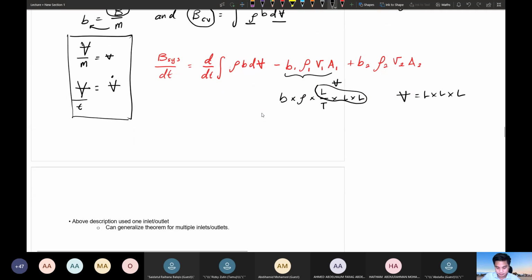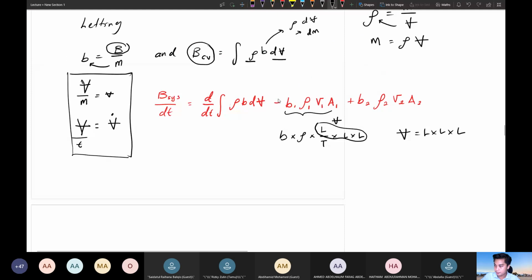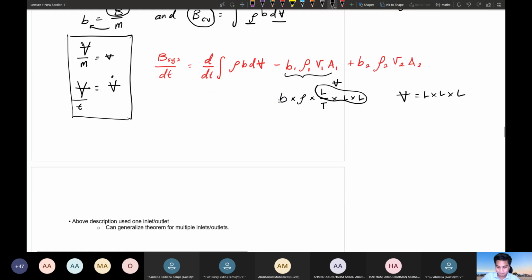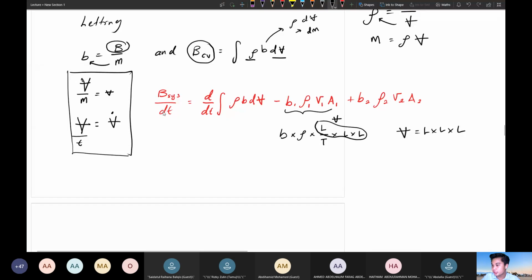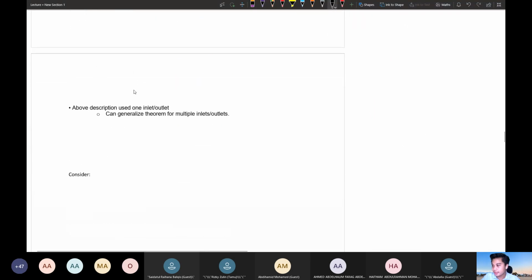This is what we explained. The above description uses one inlet and one outlet. We can generalize the theorem for multiple inlets and outlets. For example, this is for one inlet and one outlet, point 1 and point 2.